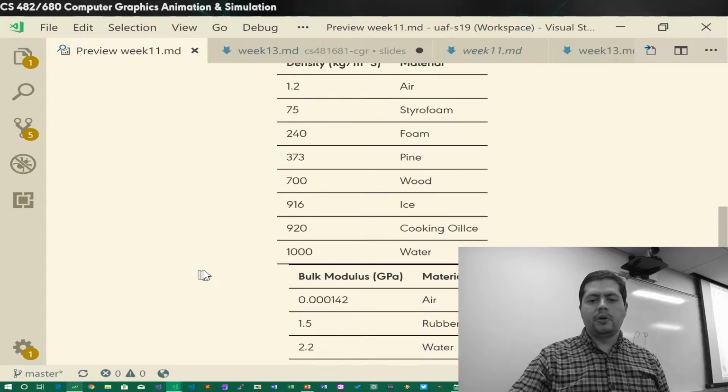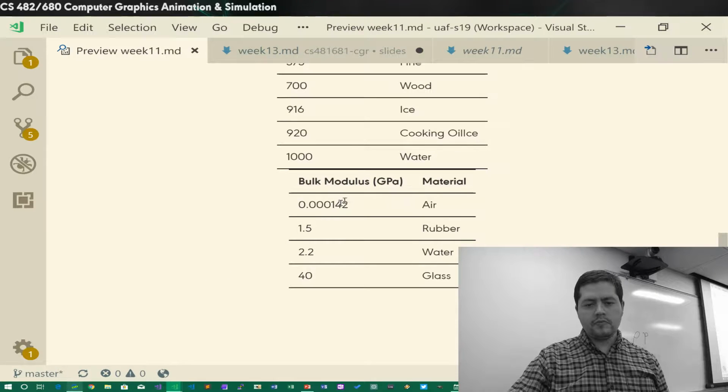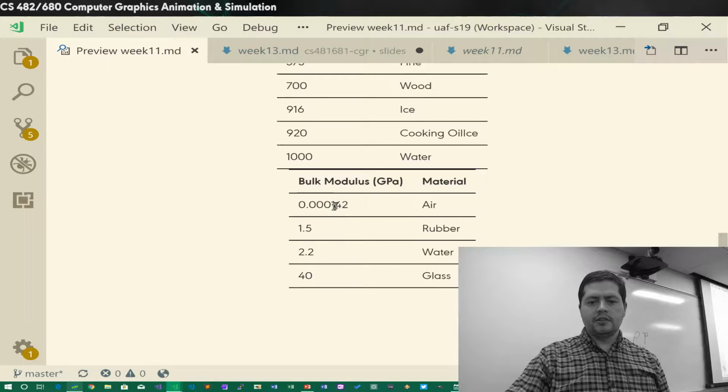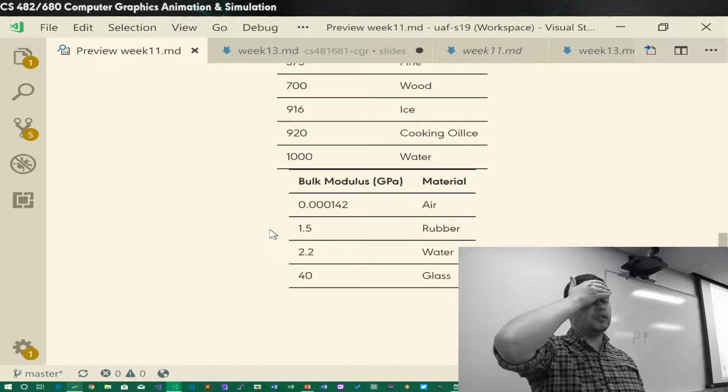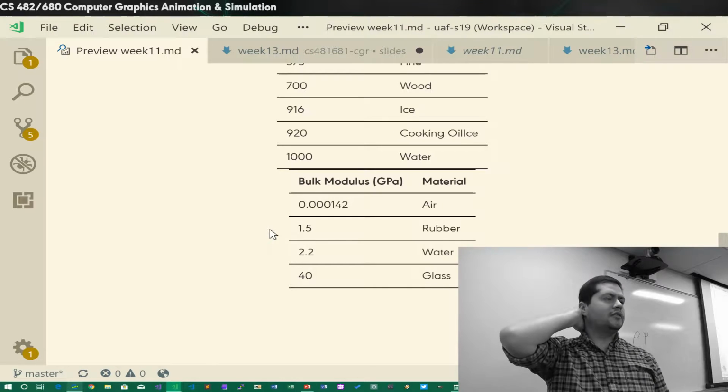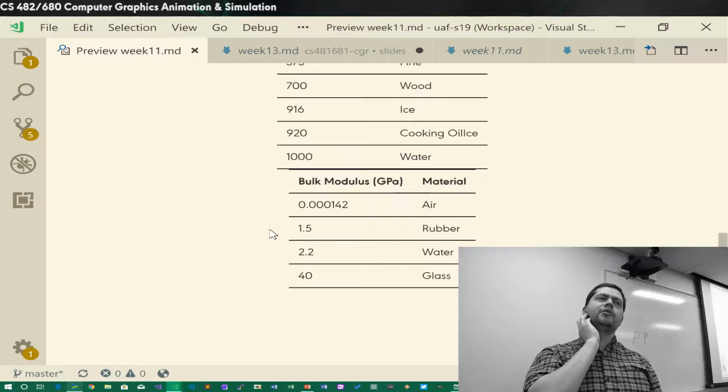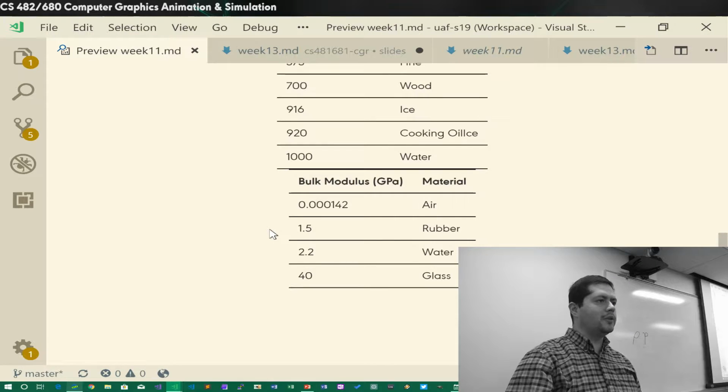And then as far as the bulk modulus goes, this is a case that water is 1.5 gigapascals, and then glass is 40. So I figure anything that's like values of 10 or so, like if you get values of 2 and less, this is going to affect the speed of sound. So I thought I could change this so that we are talking about the speed of sound squared, so it's a linear factor. But I still would like to play with it to figure out what is the appropriate range.